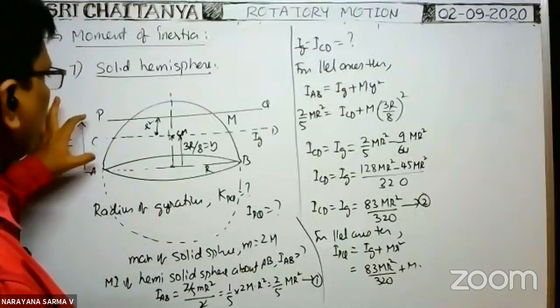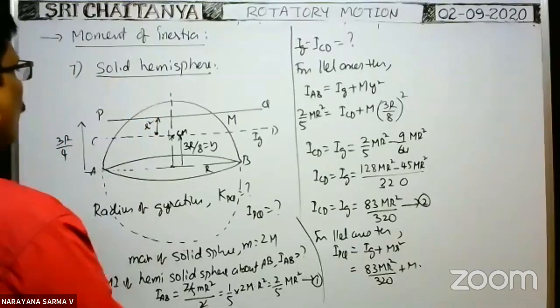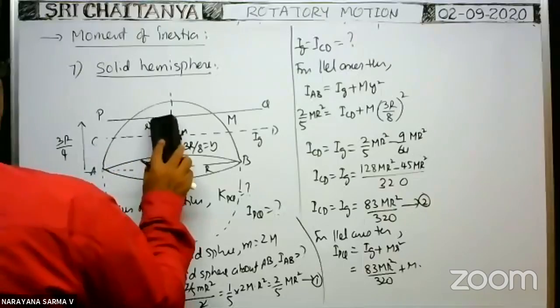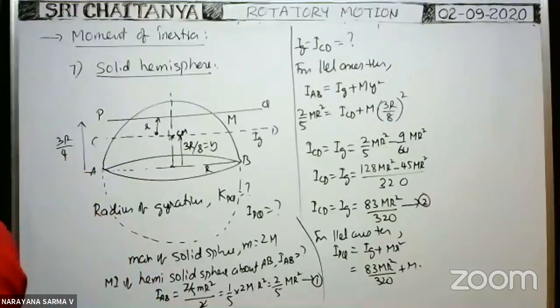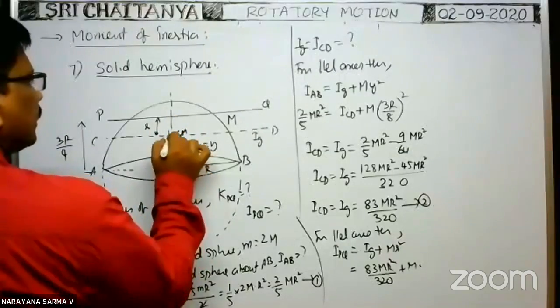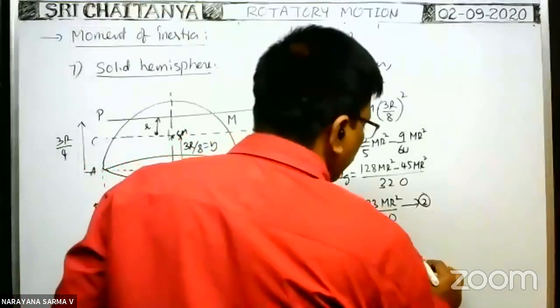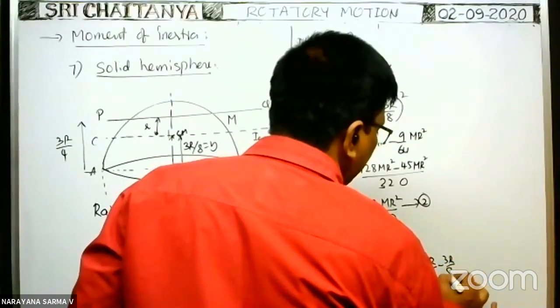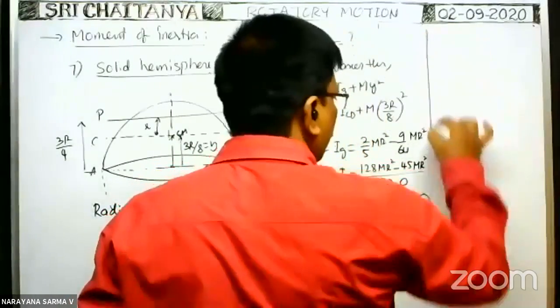If it is given by them, then what about the smaller r? 3r by 4 minus 3r by 8. Okay. So 3r by 4 minus 3r by 8. That is smaller r whole square.